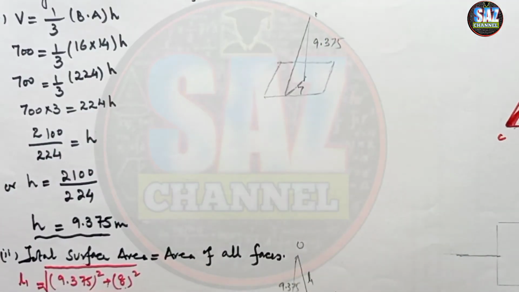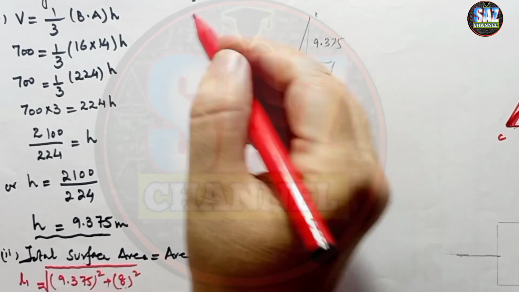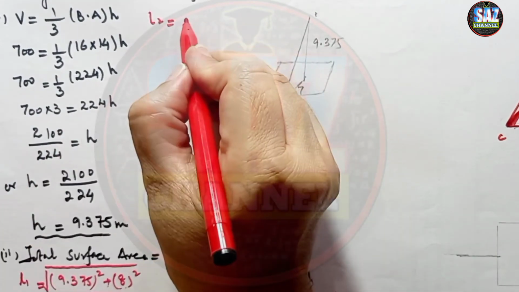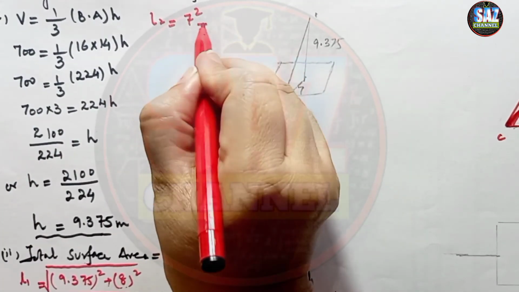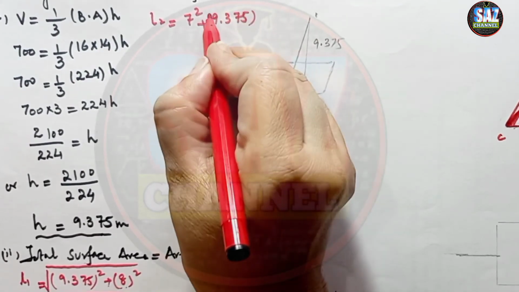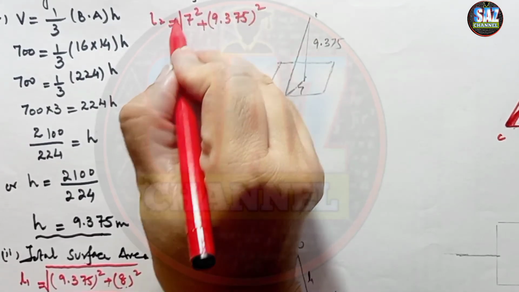So L2 will be equal to 7 square plus 9.375 whole square, and I have to take the square root.